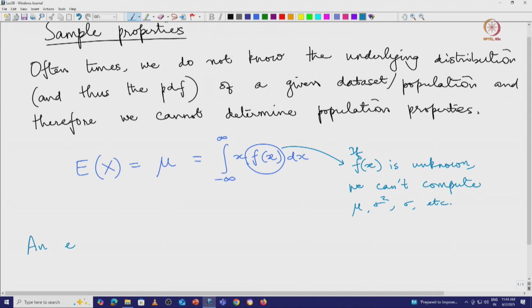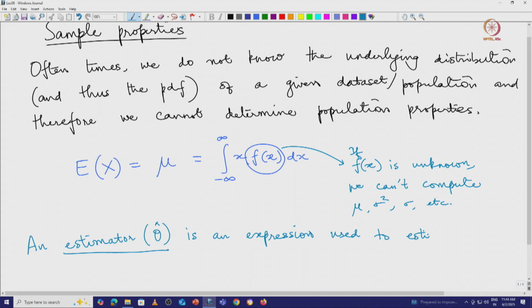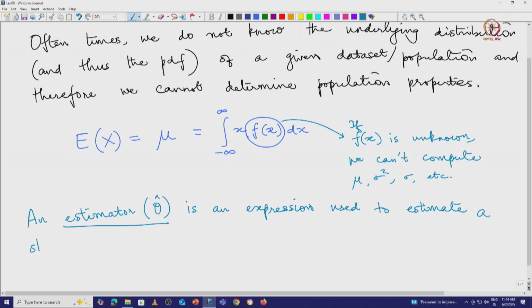So, an estimator, denoted as theta hat, a hat on top of theta, is an expression used to estimate a statistical quantity theta, right.